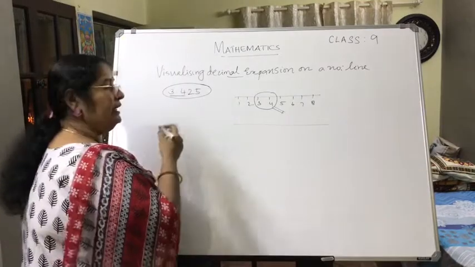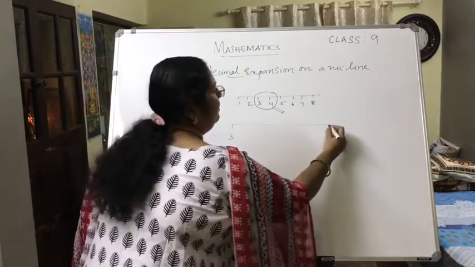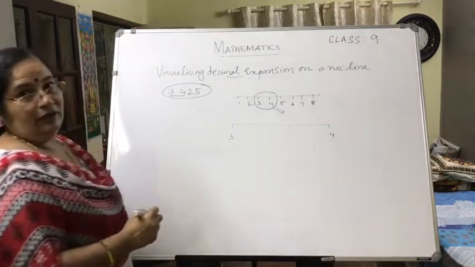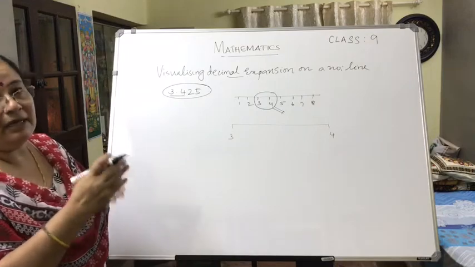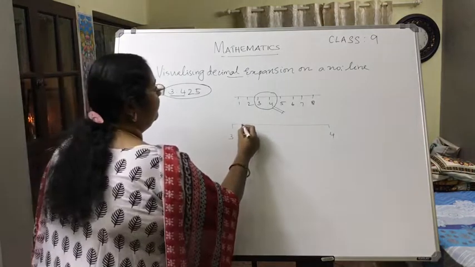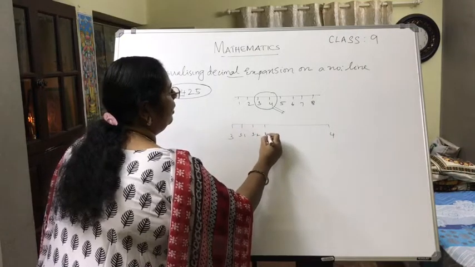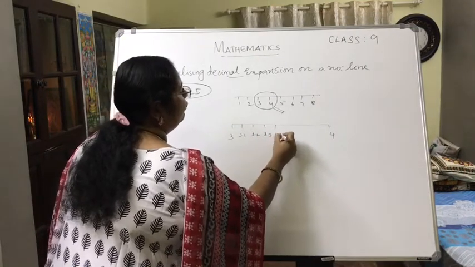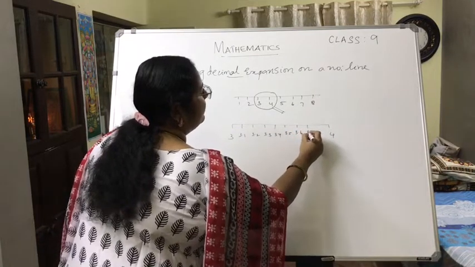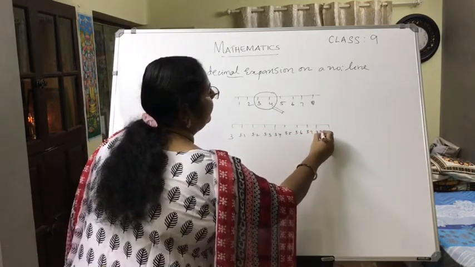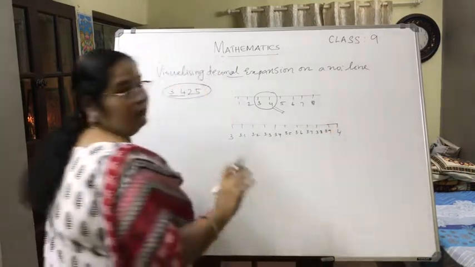Here it will be 3, this will be 4. Now between 3 and 4, what are the divisions coming? This will be 3.1, 3.2, 3.3, 3.4, 3.5, 3.6, 3.7, 3.8, 3.9 and 4.